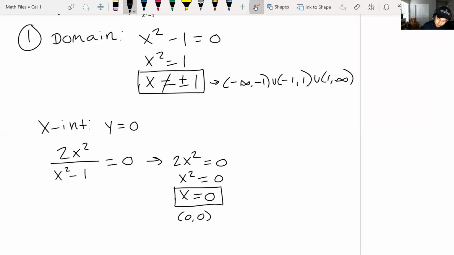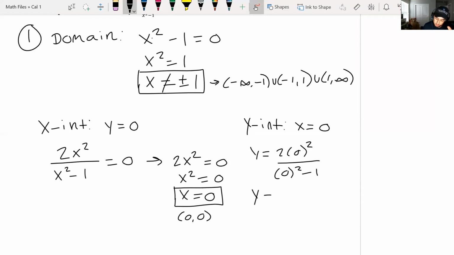And then I want my y-intercept. For my y-intercept, I let x equal 0. Okay? So that means I would get y equals 2 times 0 squared over 0 squared minus 1.